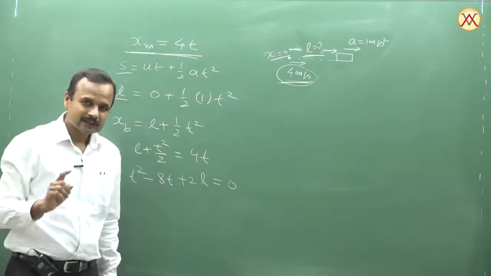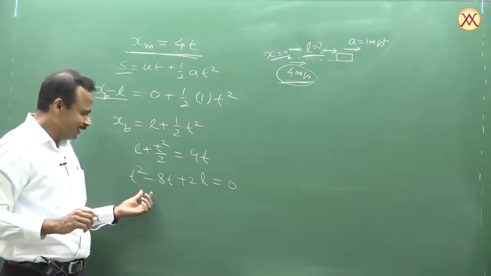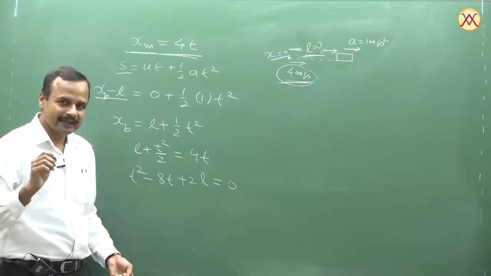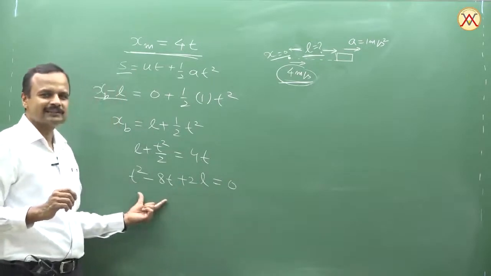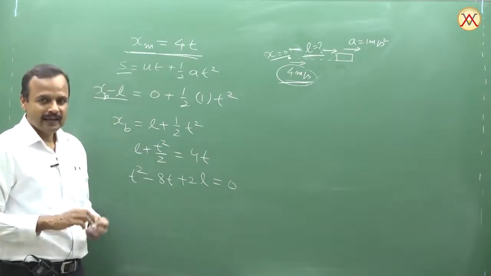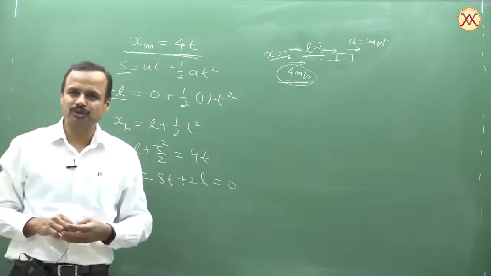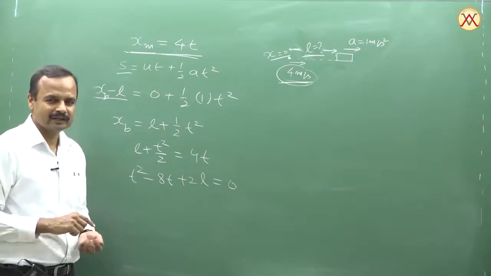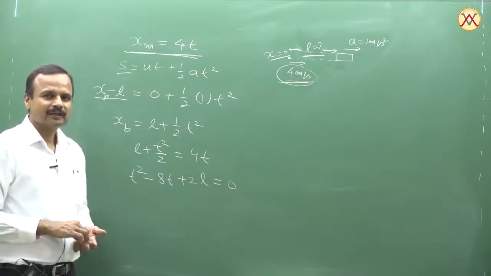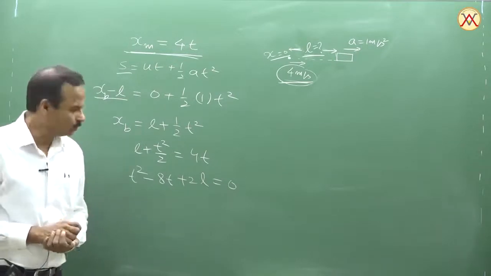Now, we know that he will be able to catch the bus if the solutions of this equation are real. And the condition for real solutions of a quadratic equation is that the discriminant should be greater than or equal to 0.